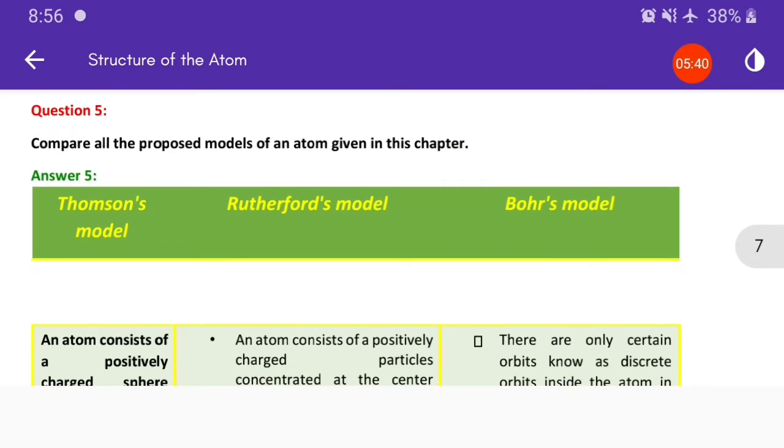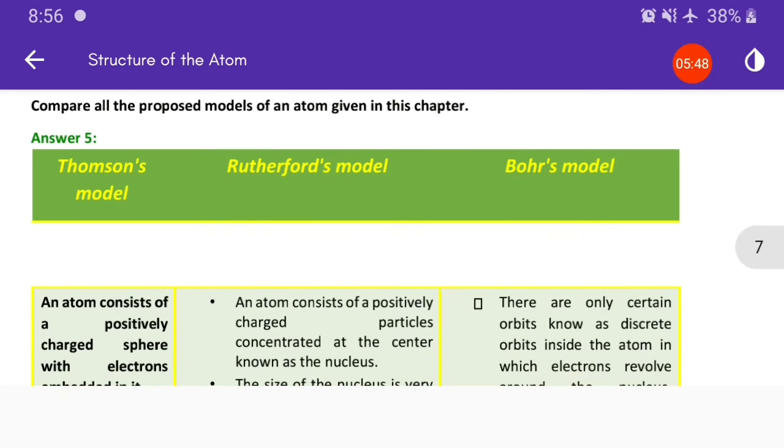Question number 5. Compare all the proposed models of an atom given in this chapter. Here we can see the 3 models we have discussed: Thomson's model, Rutherford model and Bohr model of an atom.